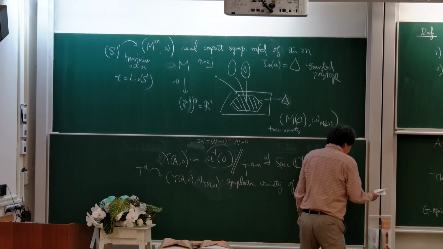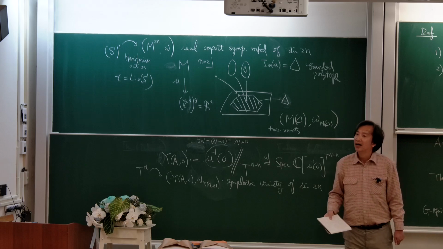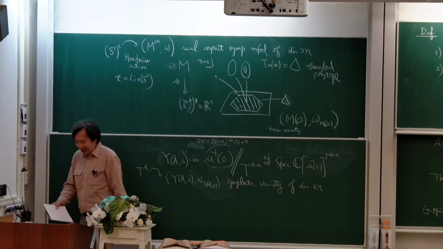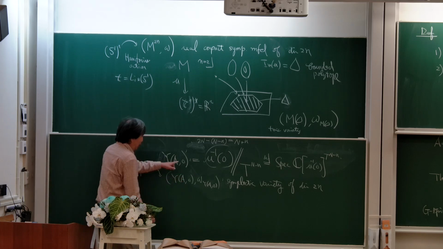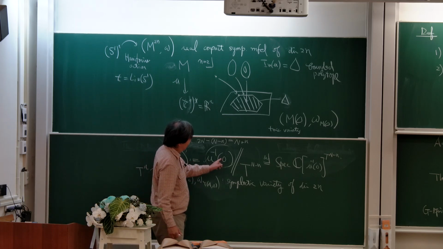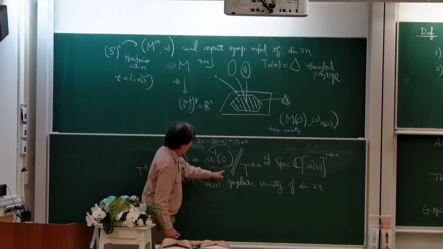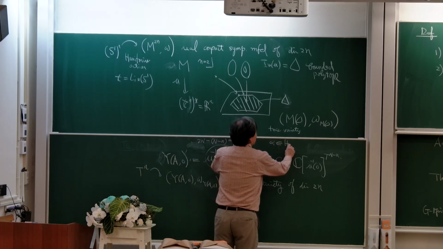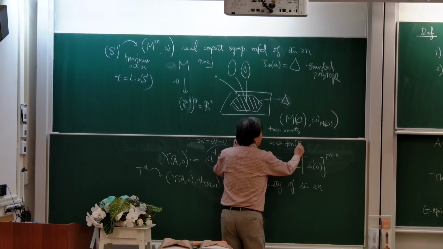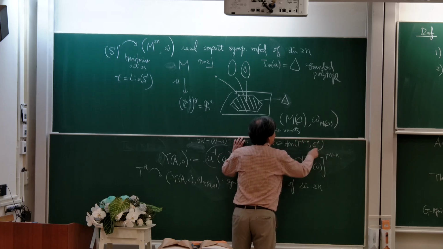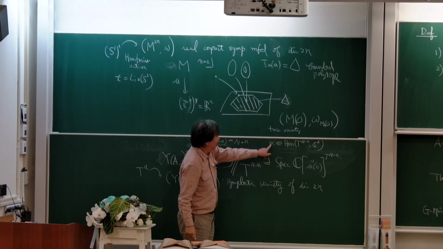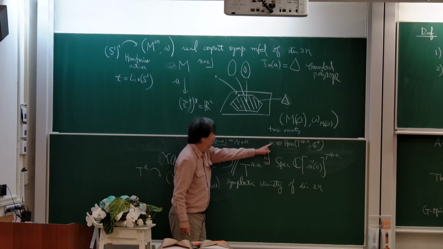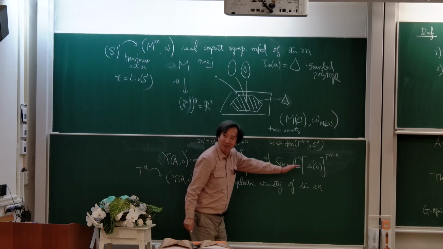How do you check the extension property of this form? Because if you take a partial resolution, you take some character. If this character is 0, then the GIT quotient is just this variety.